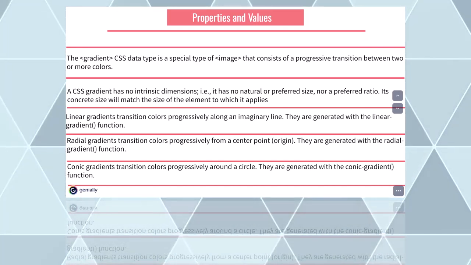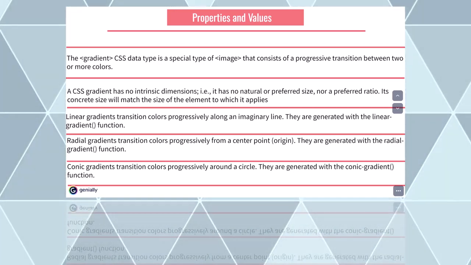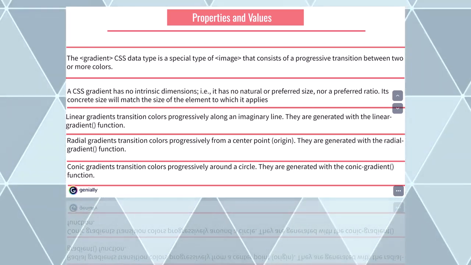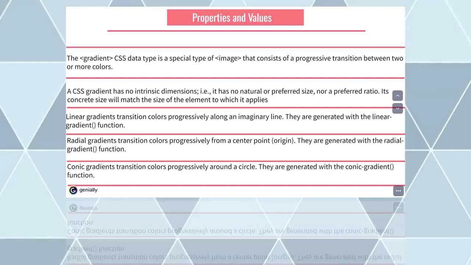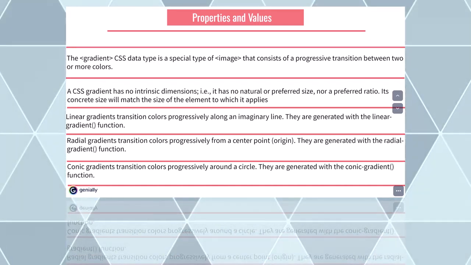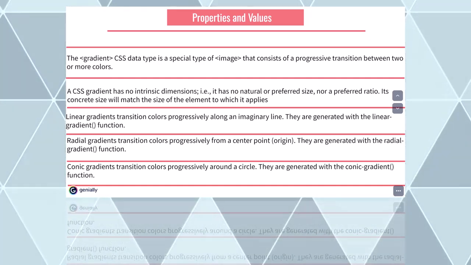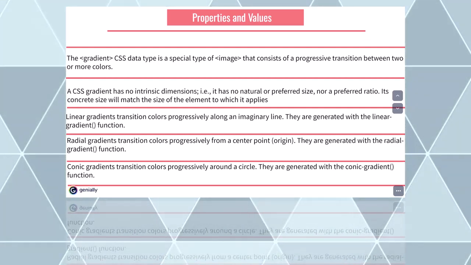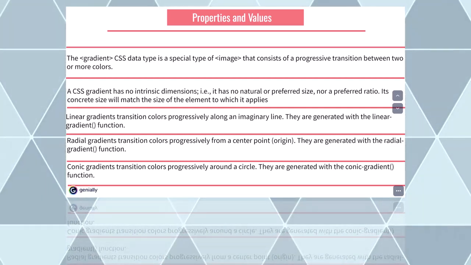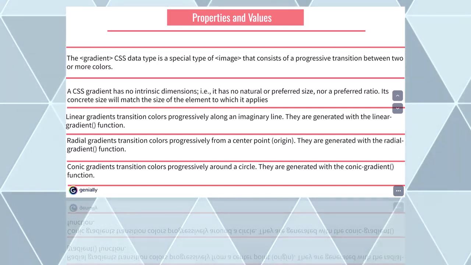Its concrete size will match the size of the element to which it applies. Do we understand that? Since you guys have used the body selector, it will populate the height and the width of the body, right? If you are using it on a button, it will only populate the specified element that it is applied on.